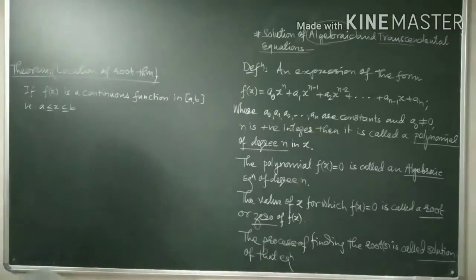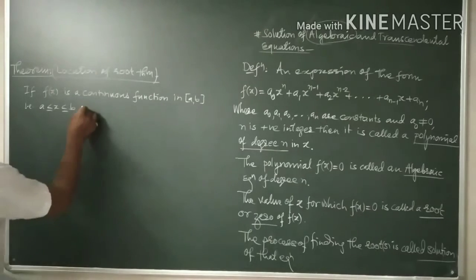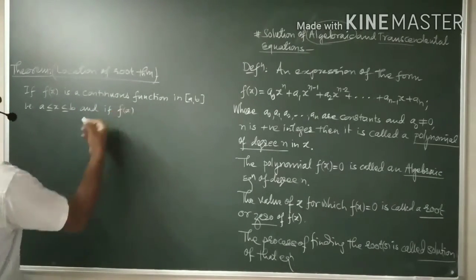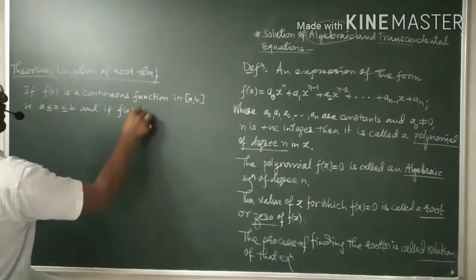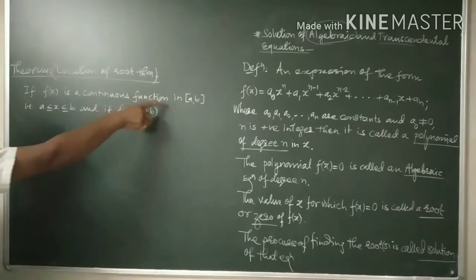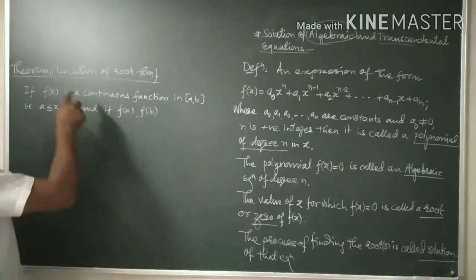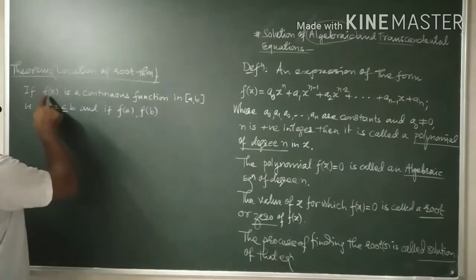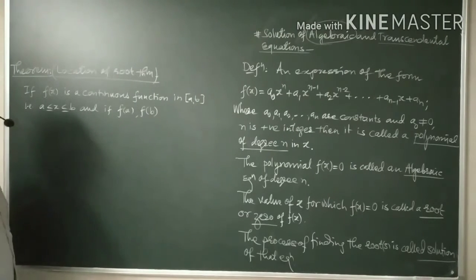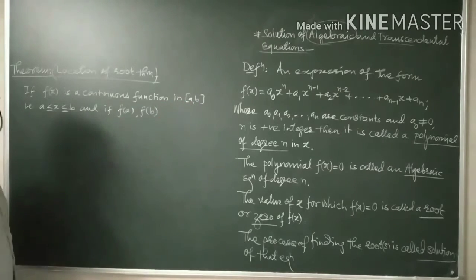If f(x) is a continuous function in closed interval [A, B], then you can find the value of the given function at the first endpoint, which is f(A), and the value at the second endpoint, f(B).